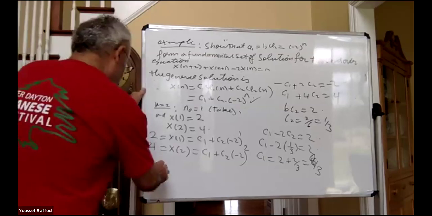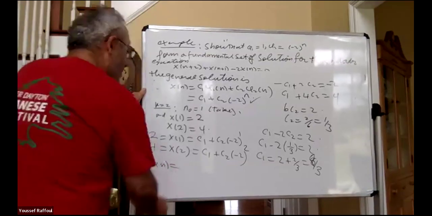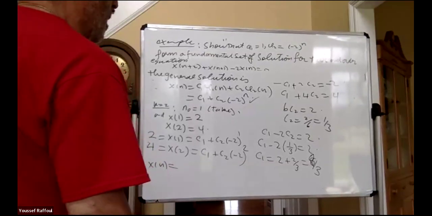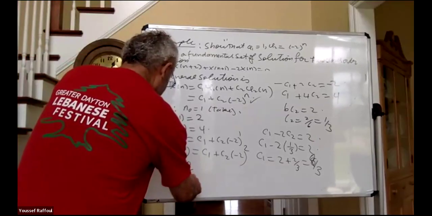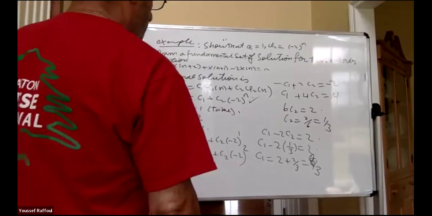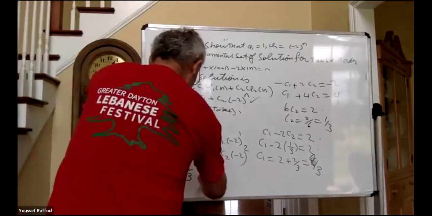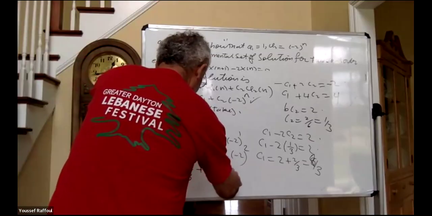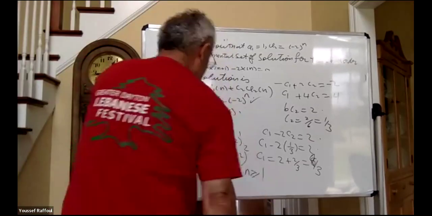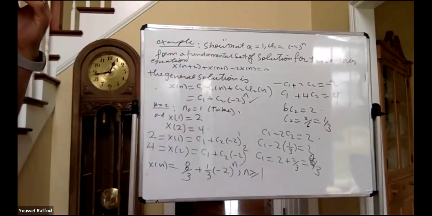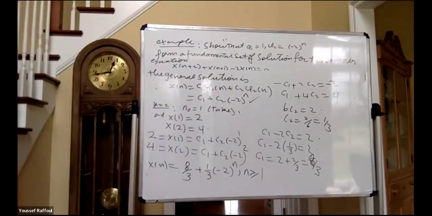And so the solution, x_n is C1, and C1 is 8/3, plus C2, which is 1/3, times minus 2 to power n, and n bigger or equal to 1, because we started at n naught. Okay?